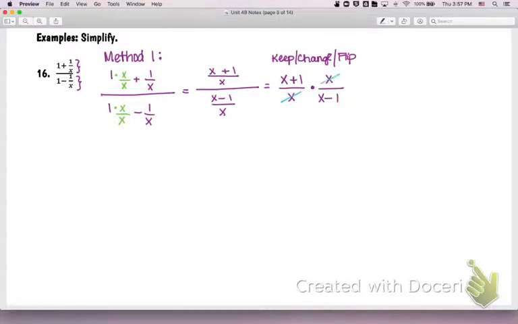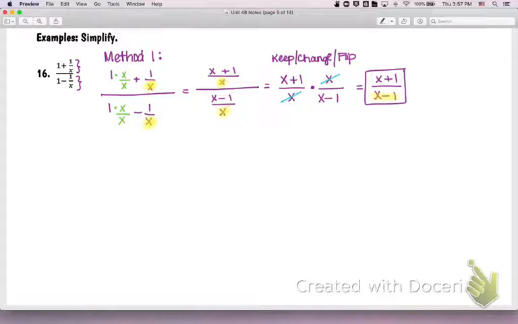Now you can see the x's are going to divide out, and so we get x plus 1 over x minus 1, and that's going to be our answer. Excluded values here would be 0 and 1, because originally x could not be 0. Here, x cannot be 0. Once I get to the end, x cannot be 1. And so 0 and 1 would be our excluded values.